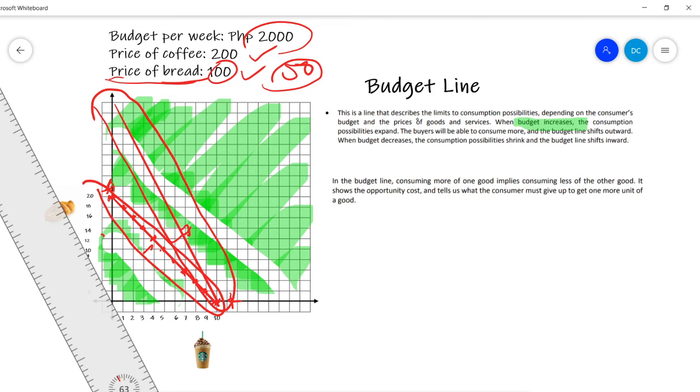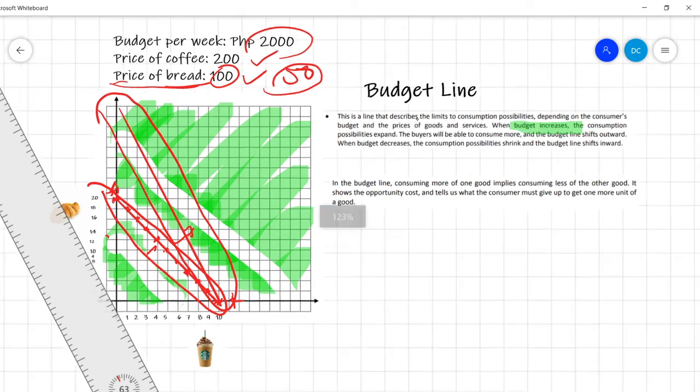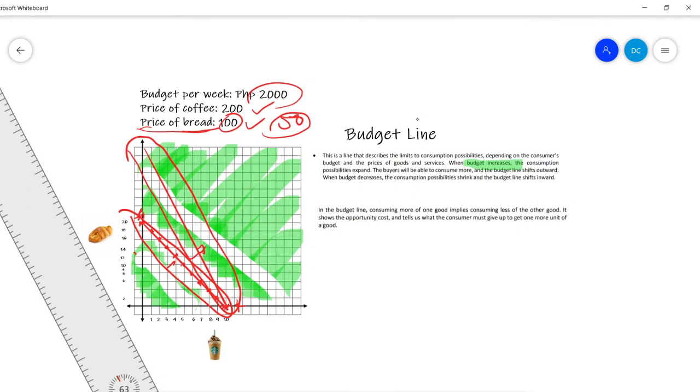Kapag nagmura yung produkto dito sa x-axis or even dito sa y-axis, magbabago yung budget line. Okay? Always remember that.